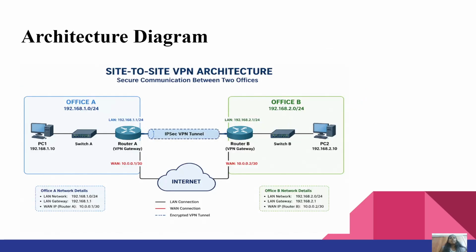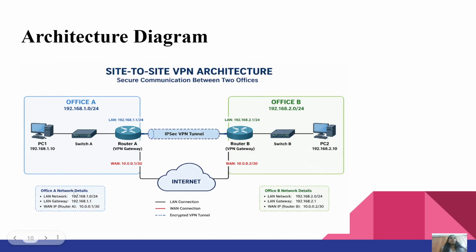This is the architectural design of the site-to-site VPN architecture. Office A has PC1 with the address 192.168.1.10 and has switch A and router A, and it is connected through the internet or IPsec VPN tunnel, which has router B as the VPN gateway, switch B, and PC2.